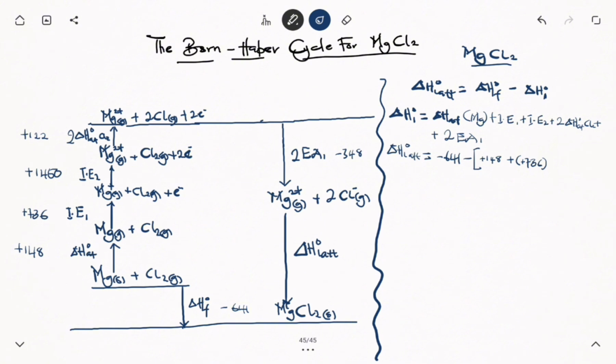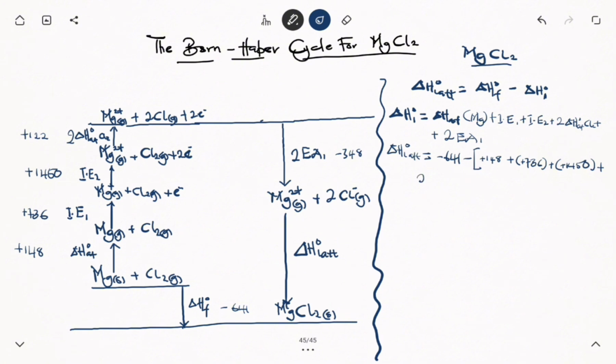Second ionization energy is 1450, so plus 1450. Then we have the enthalpy of atomization of chlorine.